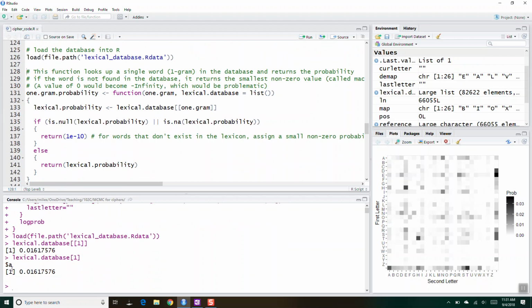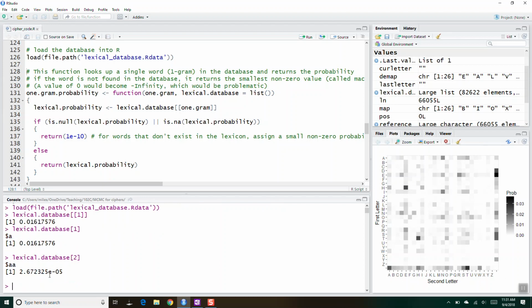Okay, so the word A has a probability of 0.016, and then the word AA has a probability of this. AAL has an even lower probability. I guess these are real words, okay? And so you can see probabilities of these things that are associated with the words that appear in the English language, okay?